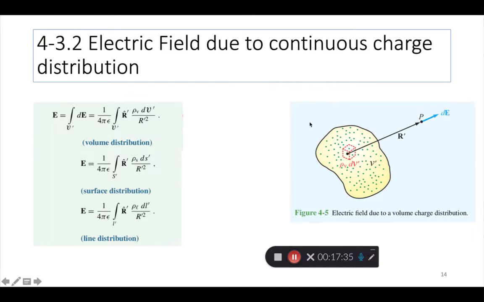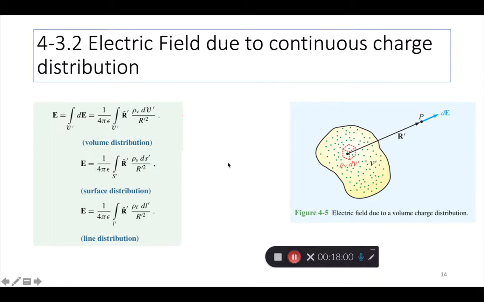That means you have either a line, a surface, or a volume, and charge is distributed uniformly all over it. Then what is the electric field at any given point P, which is at a distance r prime from the surface or volume? Here are the three formulas.